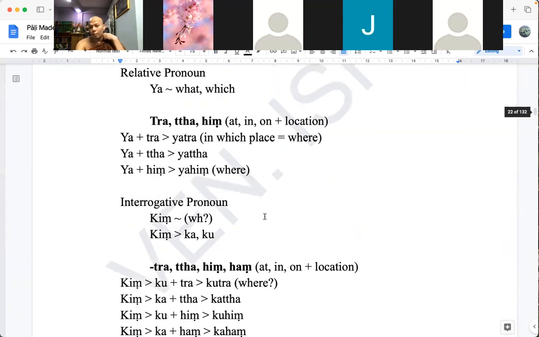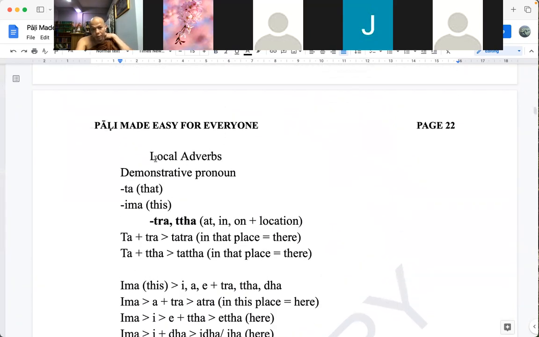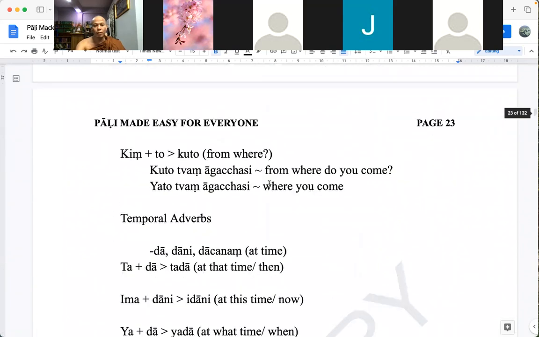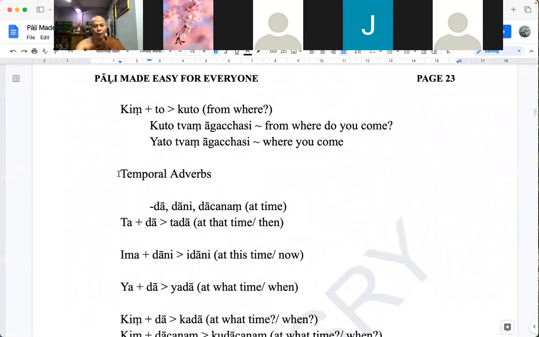So these are all the local adverbs, to denote the location. And now the temporal adverbs, to denote the time. For the time, we use da, dani, or da jana. So da at the time, that is, at that time or then.